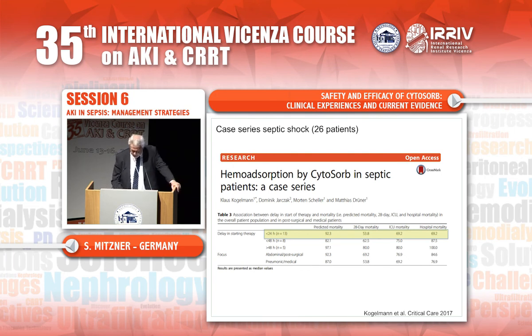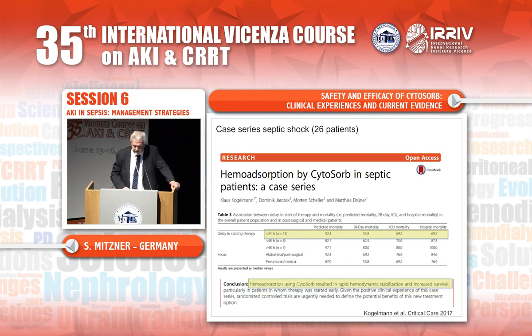And this is pretty much in line with what another group found, again a case series, 26 patients, published in Critical Care this year. They saw a similar thing. If they grouped their patients by starting earlier than 24 hours or later, they saw that the score-predicted mortality was higher than what they really observed, and this advantage disappeared somehow or was not that prominent if they started later on.